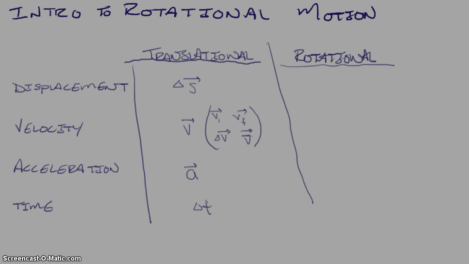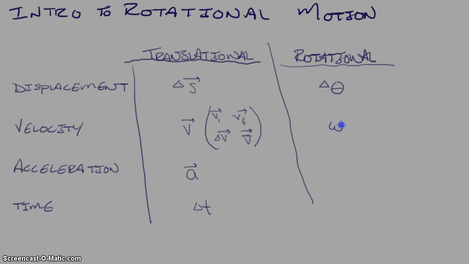Rotation looks a little worse, but the concept is the same. The concept of displacement is the same. It's a change in position, but rotationally, we have angle measures instead of meters. Velocity is still velocity. It's still the rate of change of position with respect to time.